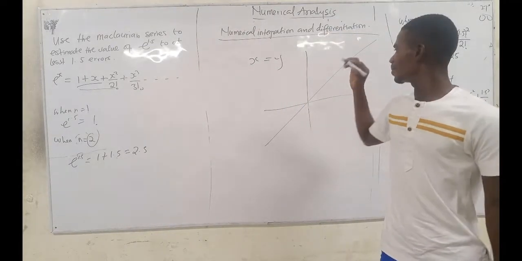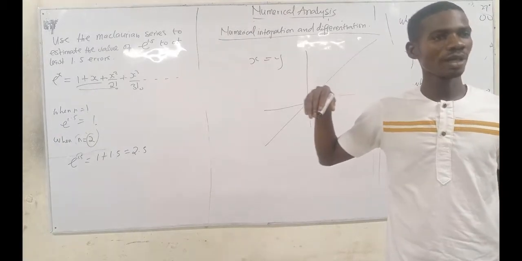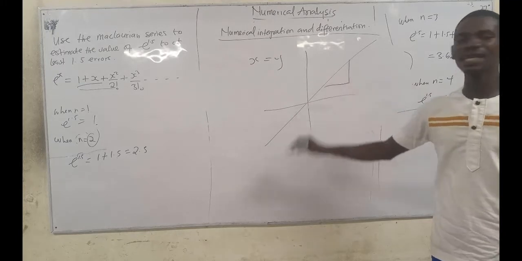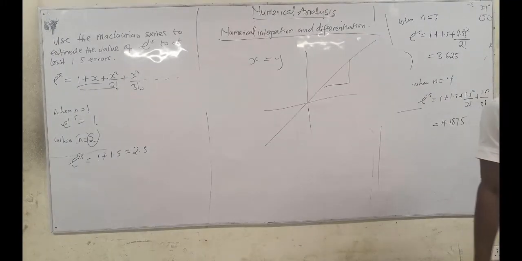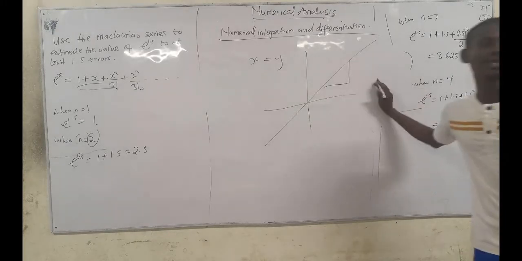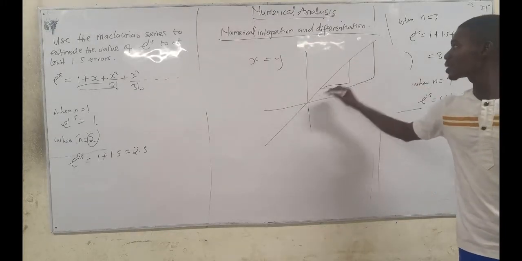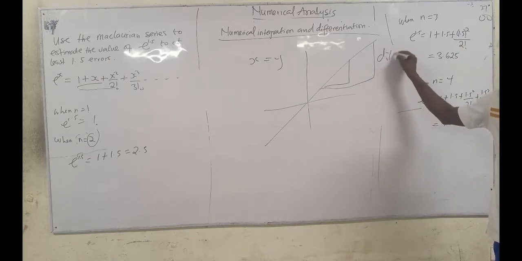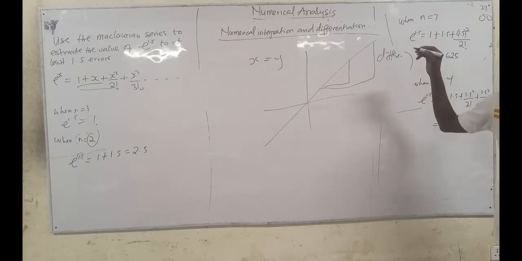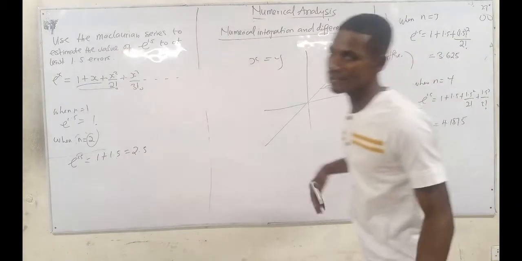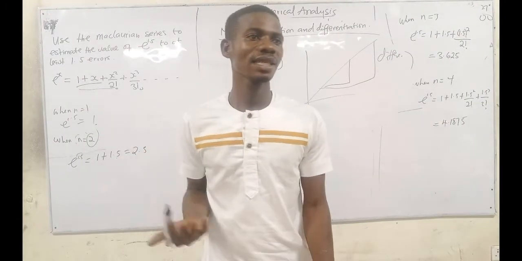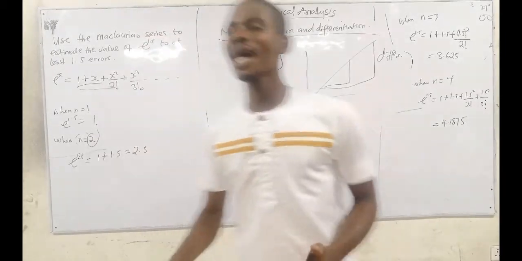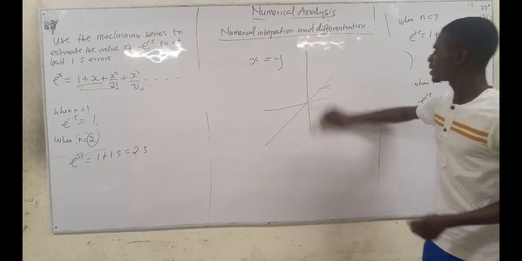You can find the gradient of this line, and any point that you take on this line, you get the same gradient. That is the slope, and the gradient here is the same as the differentiation. So if I find the gradient of this line, I have differentiated the function.